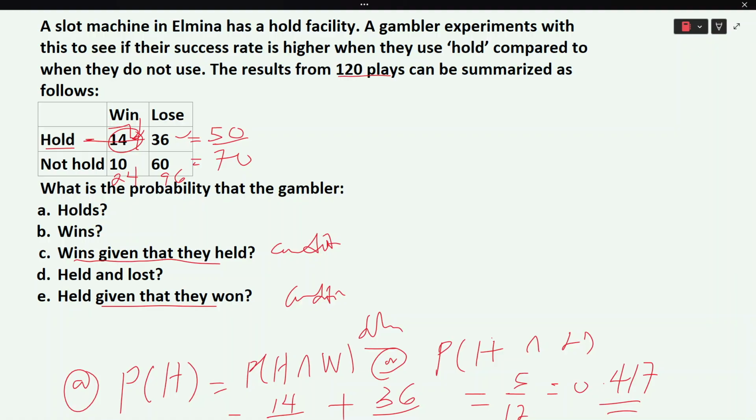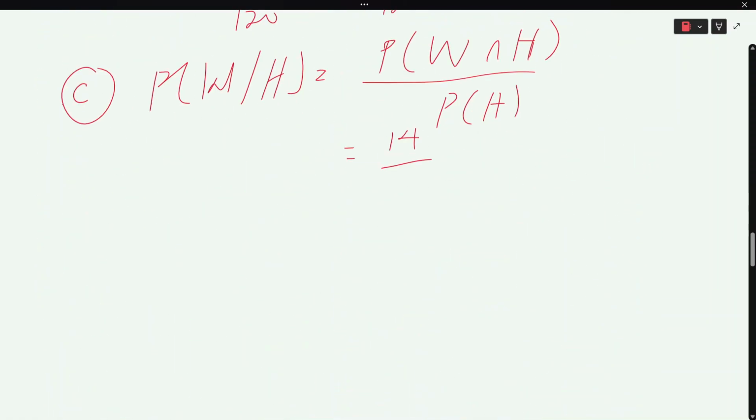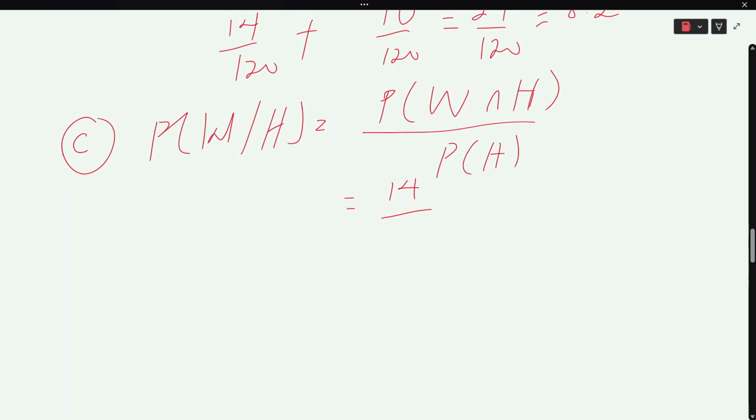The total number of hold is 50. Now we have 14 divided by 50, giving us 0.28.